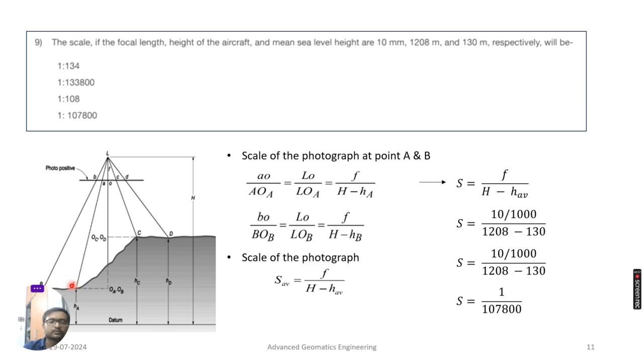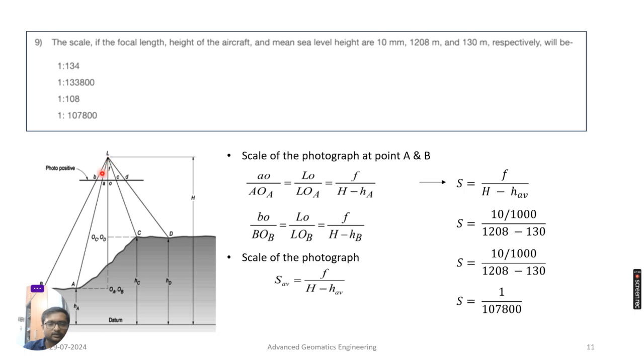If line AB represents 1 kilometer on the ground, what is the length of line AB on the photograph? The relationship between these two is known as the scale. To find a mathematical formula for that, I will use the similarity of triangles.